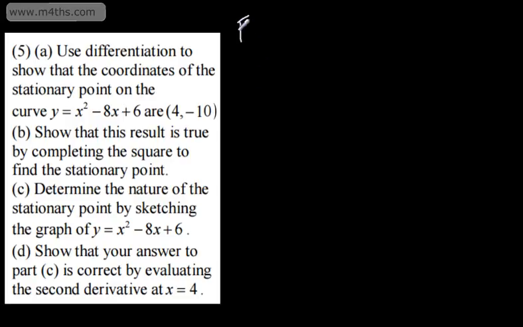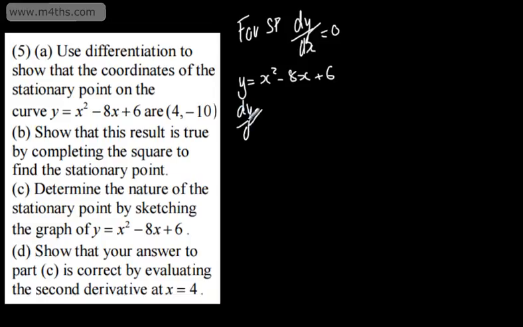So all I'm going to do is write for the stationary point, dy/dx will be equal to 0. So y is equal to x squared minus 8x plus 6. dy/dx will be equal to, differentiating the quadratic, 2x minus 8. We can say 0 is equal to 2x minus 8, and then solving, x is equal to 4.